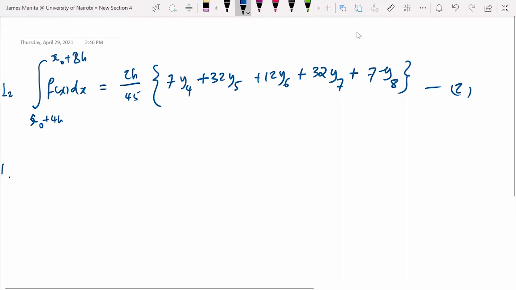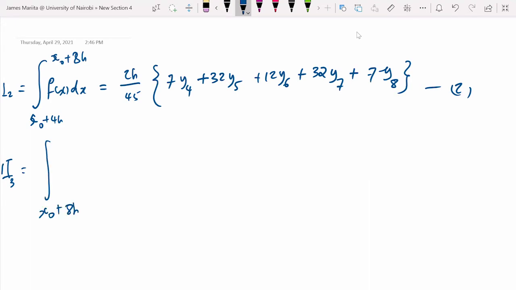Then we can have our I3, which will be the integral from x naught plus 8h to x naught plus 12h of our f(x) dx.